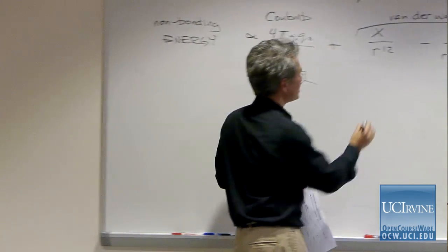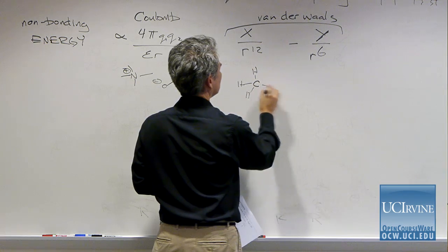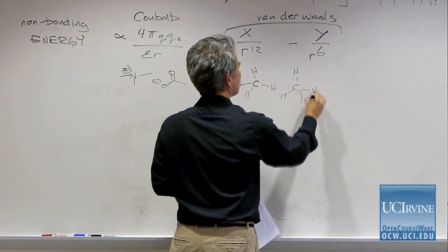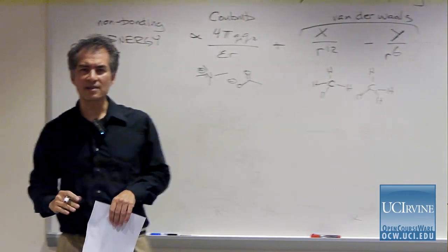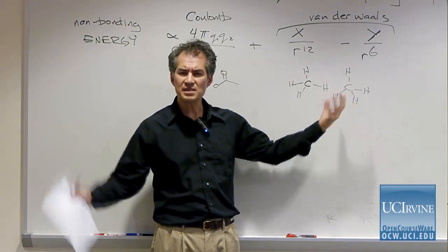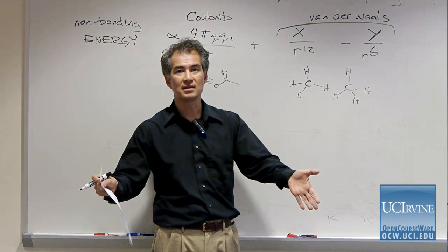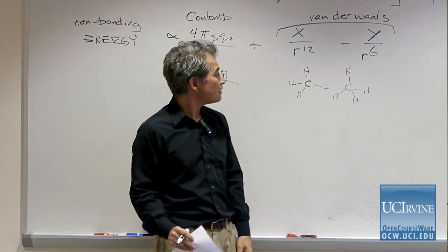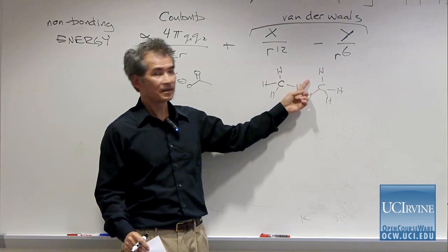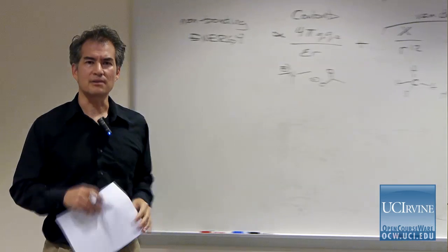Or if I want to think about the interaction of two methane molecules with each other, there's nothing about this that suggests a chemical reaction to me, but the fact is that methane forms a liquid. There must be some attractive interaction between methane molecules that doesn't make or break bonds, but that causes the attraction. And if you compress the methane too much, it suddenly gets very hard to compress. That's this term taking over. So this is a great equation for thinking about non-bonding interactions.